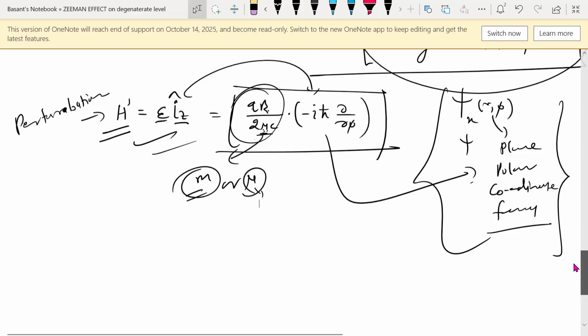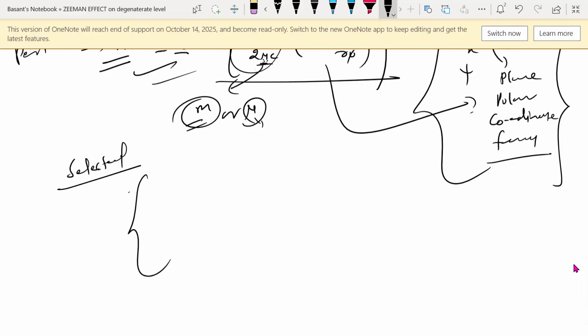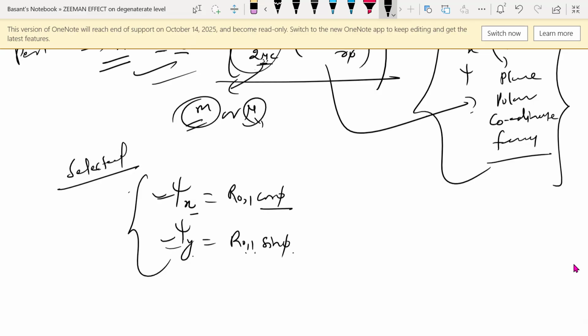Now, up to this point we have selected the wave functions psi x and psi y, which have radial function R01, and the angular function for x is cos phi, and for psi y the radial function is the same R01 and the angular function is sin phi.